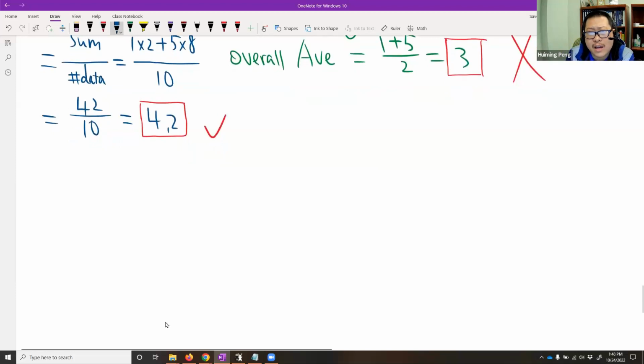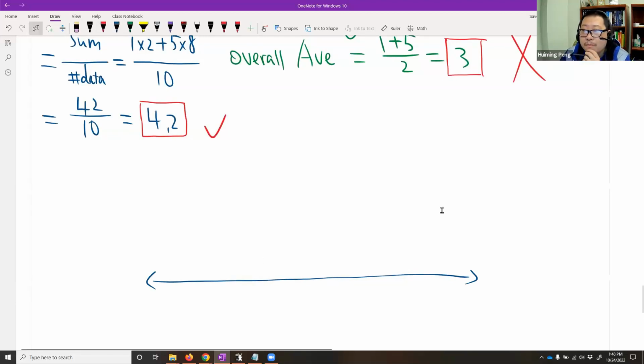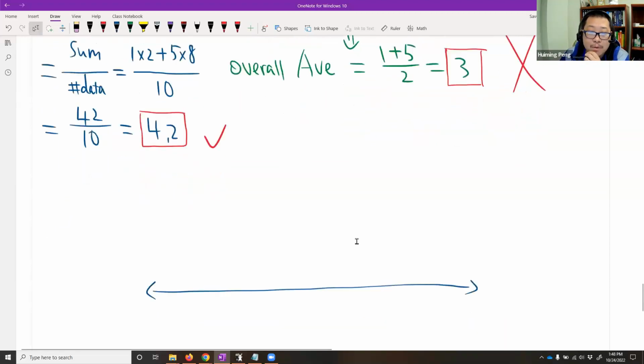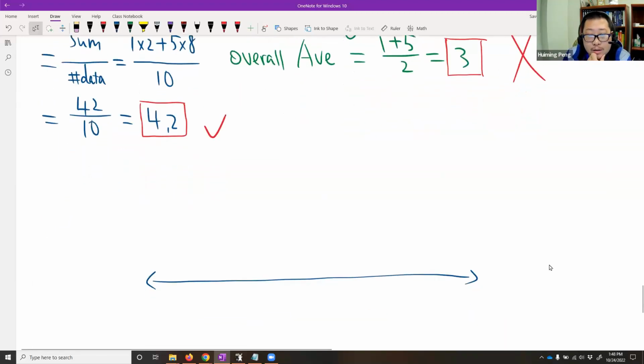Okay, so I do a little bit. If this is the data point. Let's see. 1, I put a 1. How many ones? This is a 1. This is a 5. I have 2 ones.